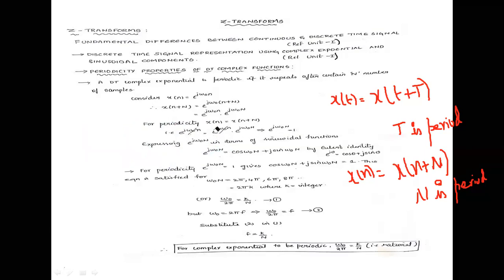Now we are taking the exponential signal. Consider x of n is equal to e power j omega naught n.